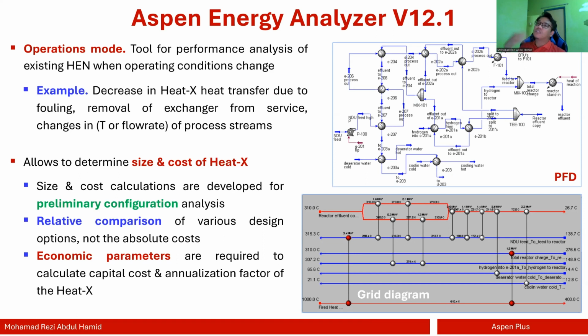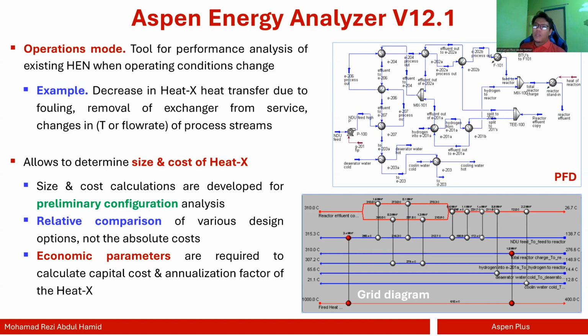So it considers the operation part of your heat exchanger network when you run the plant itself. Among the important parts here is to determine the size, the heat exchange requirement, and of course the cost, the operating cost, and the capital cost when you add a new unit. Is it getting worse, or is it getting better economically?